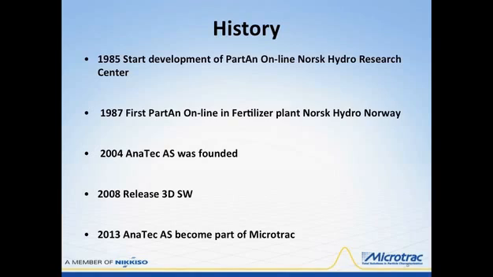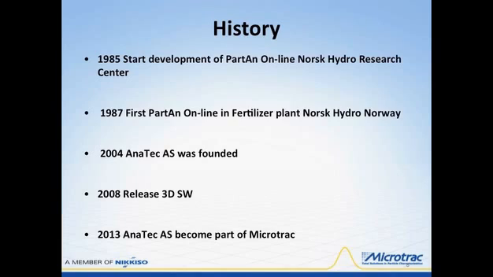A little history on Microtrac's Partan image analysis product line. 1985 marked the start of development of an online dynamic image analyzer for Norsk Hydro Research Center in Norway. The first online Partan was installed at Norsk Hydro Norway in 1987, which gives this product line 27 years experience in the field.